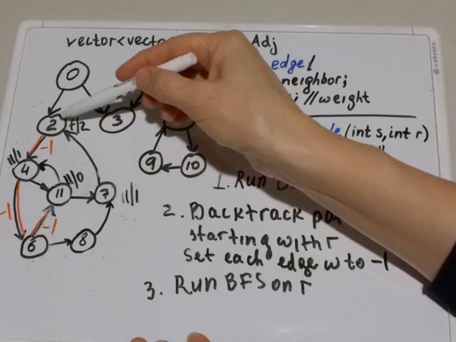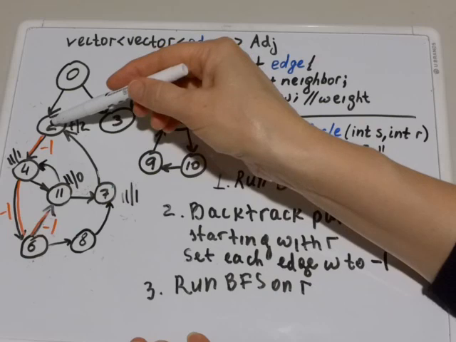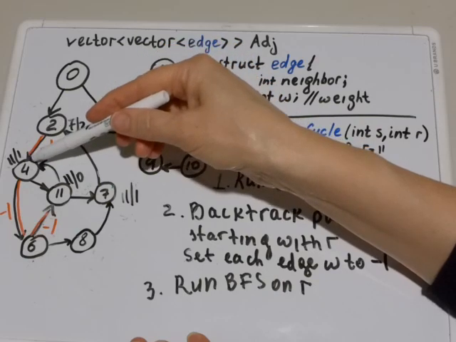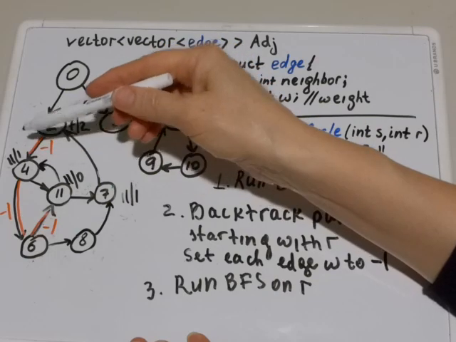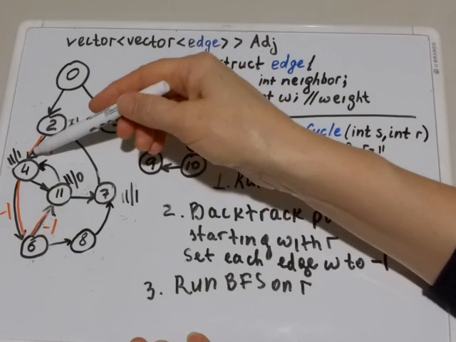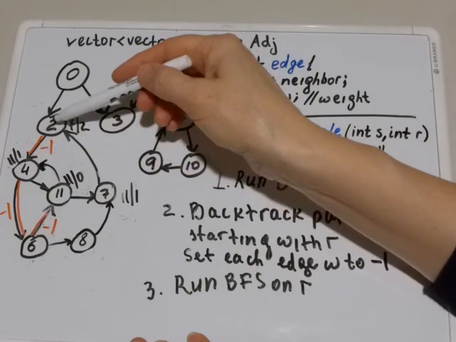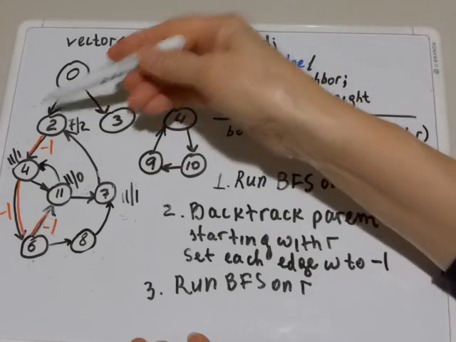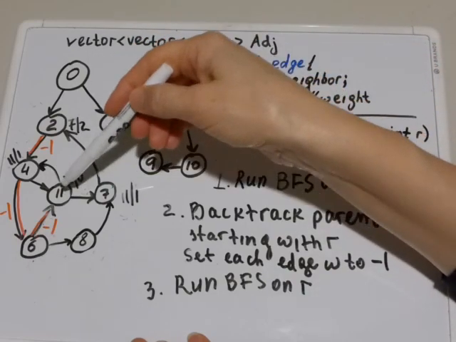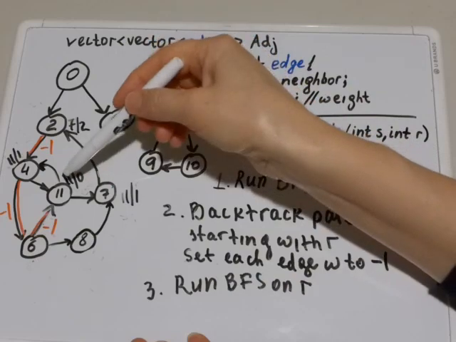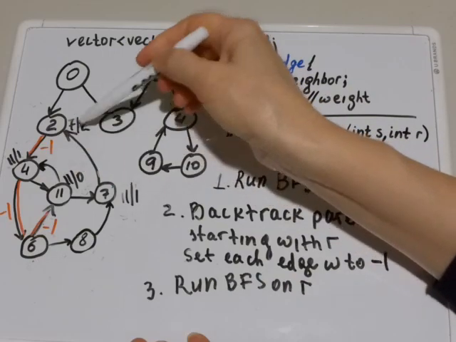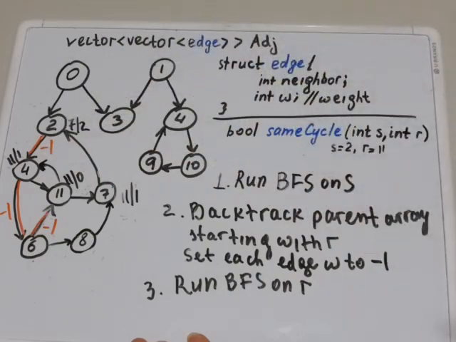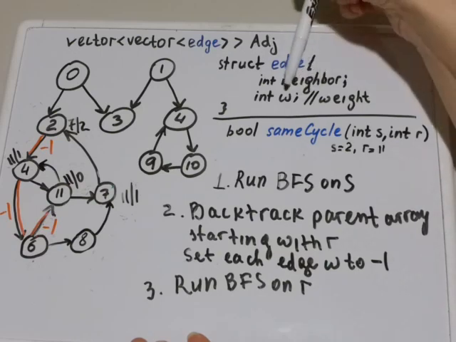Vertex 2 looks at its adjacency list. 4 doesn't have infinity distance, and also the weight is -1, so we're done with 2 and our queue is empty. So after running this BFS on 11, we set parents again and we set distances, but we only used edges that didn't have -1 in their W.